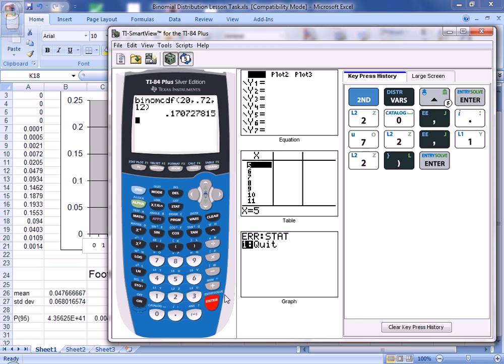Isn't that nice? Wow. Yes. I used that at first instead of PDF. That would've been, why? All your answers were off. But what numbers are you plugging in? Okay, so 20 represents the number in our sample. We have 20 children. The 0.72 represents the probability of success, and the 12 represents how far we want to add up in our probability distribution. We want to do the sum of 0 to 12.